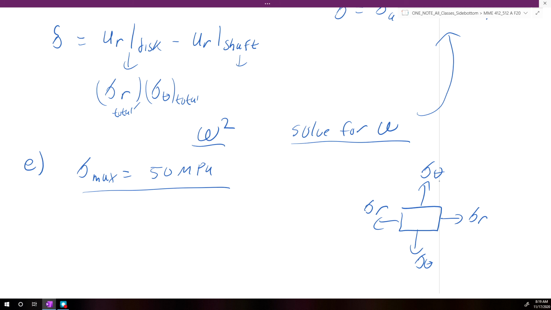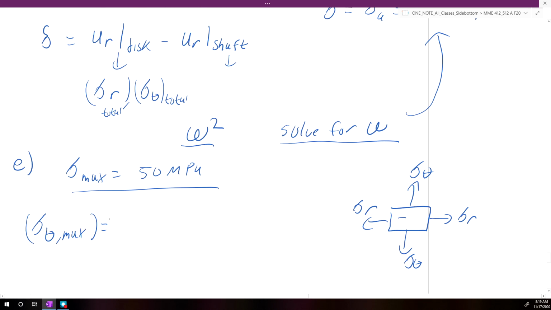So what we can do here is we can say that our maximum allowable stress is going to be equal to 50 megapascals, which is going to be equal to rho omega squared divided by 4 times (3 plus v) times our inner radius squared minus (1 plus v) times our inner radius squared.